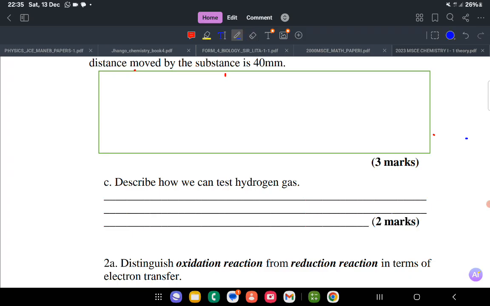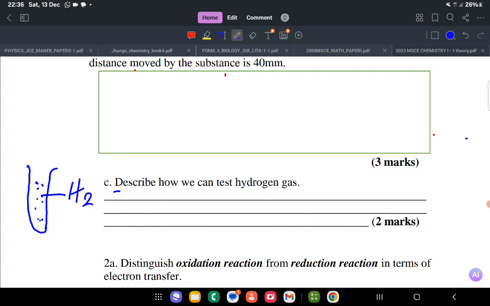This is coming from the same topic, experimental techniques, Form 3 chemistry. In order to tell that a given gas is hydrogen, we have a container, let's say a test tube, suspected to contain a certain gas. In this case it's hydrogen gas.